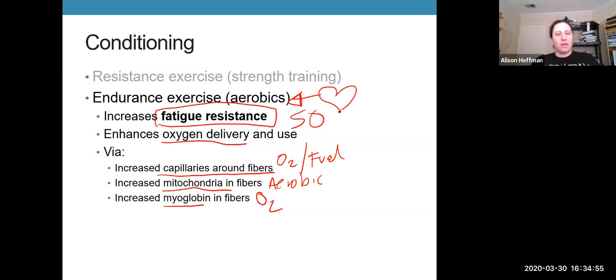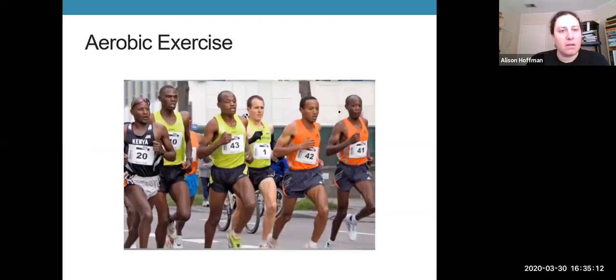So we can increase our heart muscle efficiency by doing this as well. So just like resistance exercise is also good for your skeletal system, as well as your muscular system, endurance exercise is good for your cardiovascular, as well as your muscular system. And that was that there.